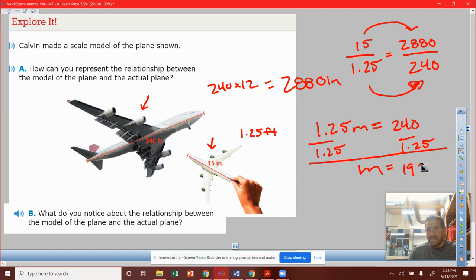And if I wanted to test that, I could take 192 times 15, and it equals the 2,880. So what we've done is we've taken a plane and we built a model that if I took that model, multiplied it or enlarged it 192 times bigger than its original self, it would become the true plane.